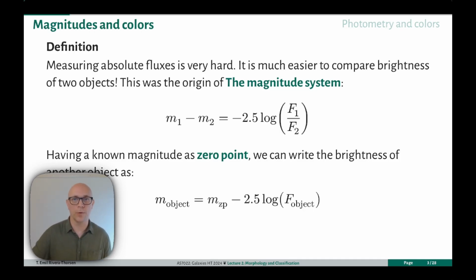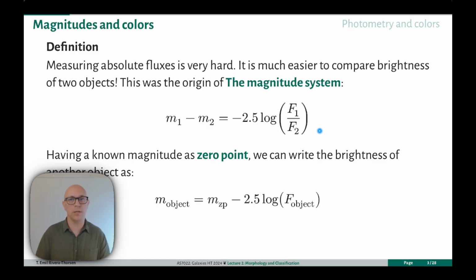Today, we have a more quantitative and formal definition of magnitudes, where the magnitude difference of two objects, two stars, for example, is given as minus 2.5 times the log of the measured flux of these two.